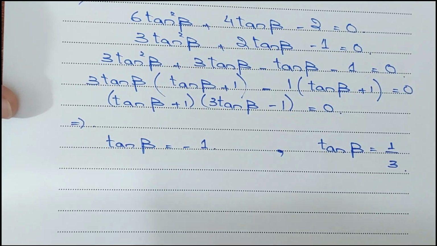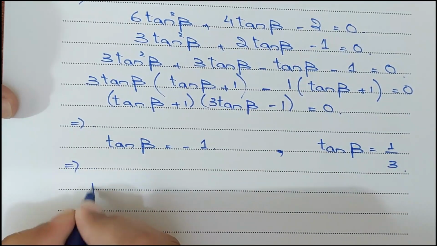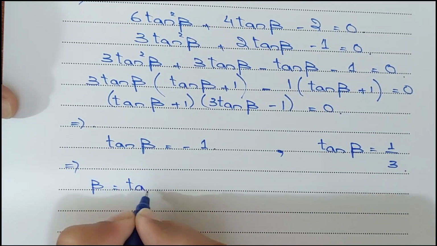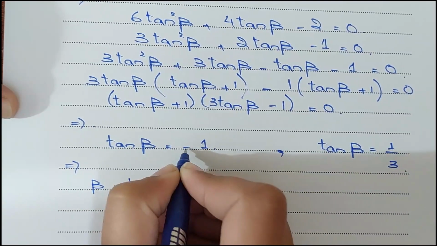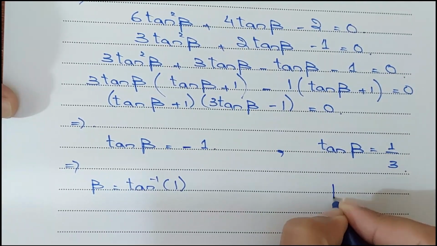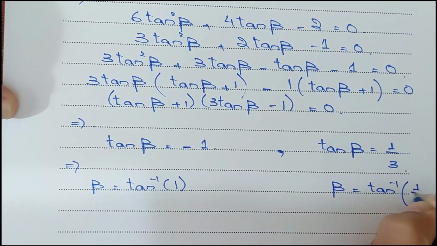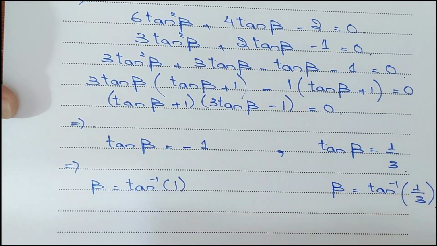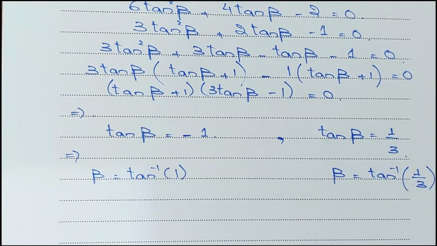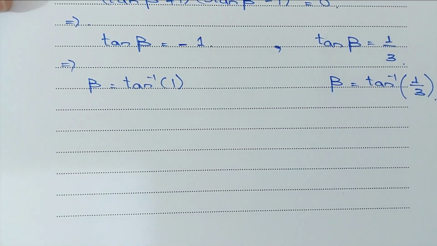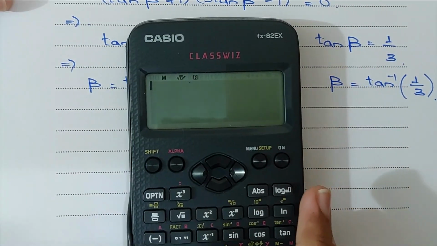Okay, so if I solve the first one, beta is tangent inverse of 1. We will do the positive one first. And from here beta is tangent inverse of 1 by 3. Right? It is in degrees. Okay, let me solve this in degrees.